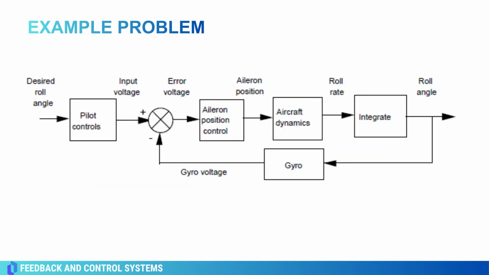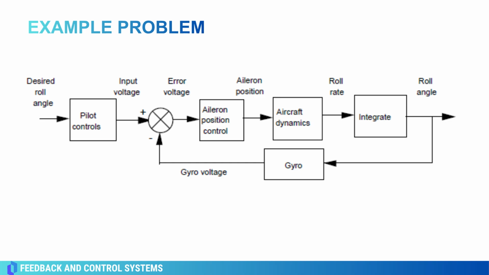First, the pilot selects the desired roll angle as our input. The input transducer converts the command. Then the system compares the desired and actual roll angles. Afterwards, the controller responds to the error.